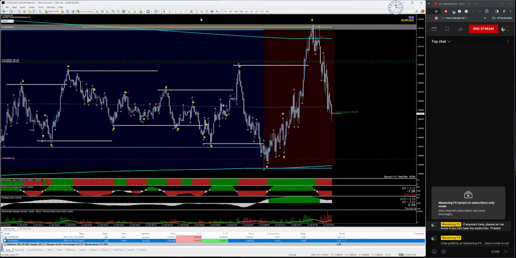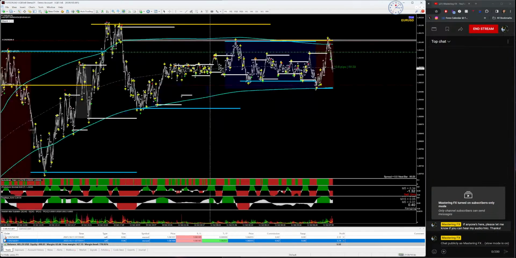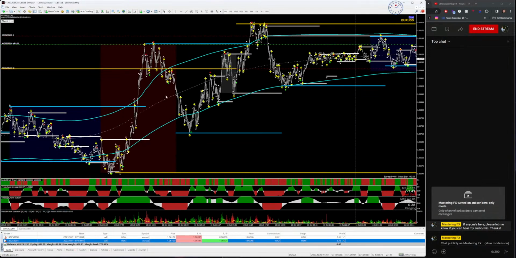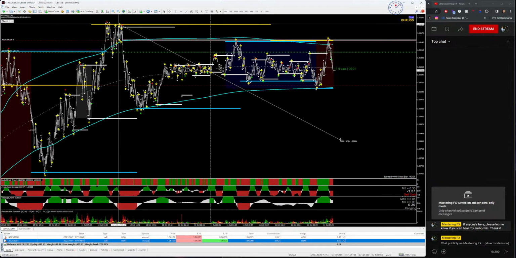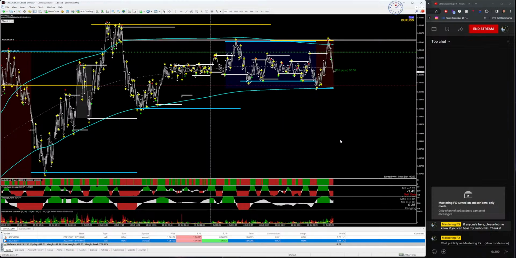And bigger picture, just to repeat, we had the 4-hour resistances on the top, so we're making a move to the downside. The last move to the upside was this, so you get an idea. Not saying it's gonna go the same, but even if it just goes half, so we're looking at roughly here.